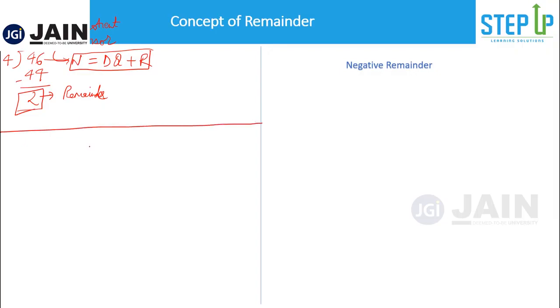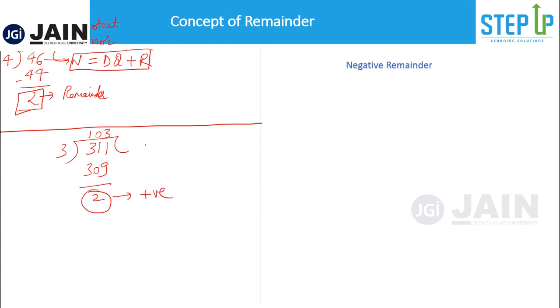Let's say you have 311, and you are dividing it by 3. So 3 into 103 is 309, and your remainder is 2. That means this 2 is nothing but your positive remainder.